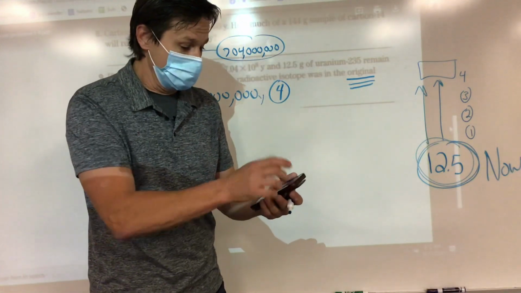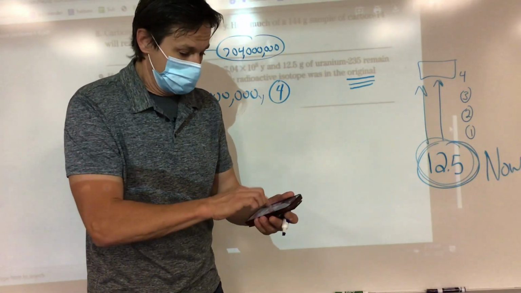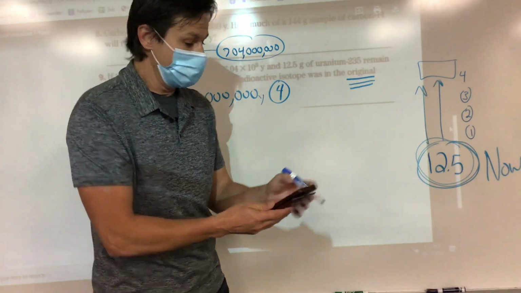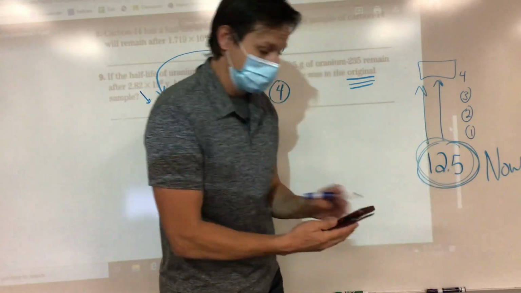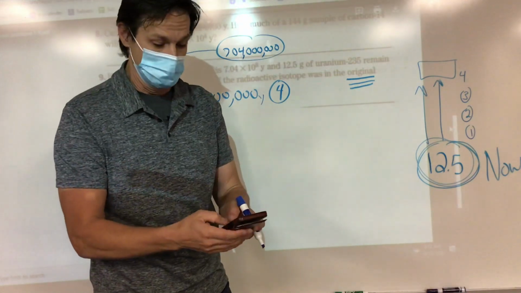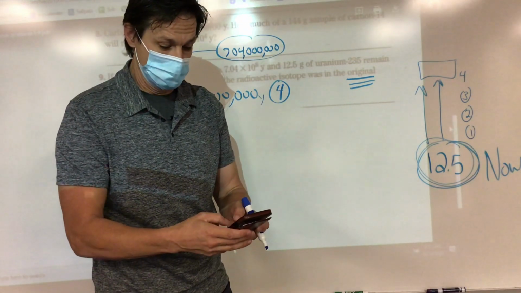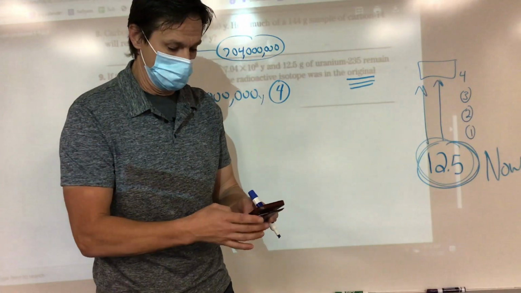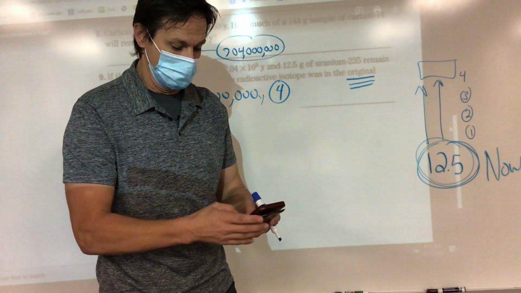So, real simple, ladies and gents, if I have 12.5, and I know it went through 4 half-lives to get to that, I'm just going to times it now by 2, 4 times. Times 2 is 25 once. So now 25 times 2, I'm at 50, times 2, I'm at 100, times 2.